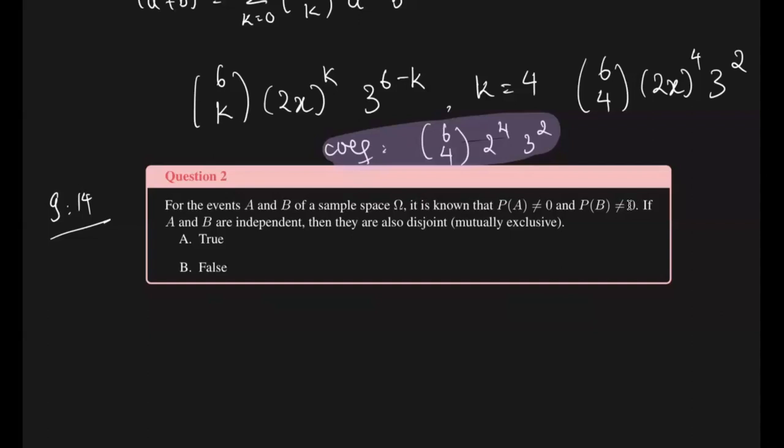It's quite the opposite. Two events cannot be mutually exclusive and independent. If one holds, the other is false by definition. That's correct. So if we recall, mutually exclusive means that two events do not have any common elements.